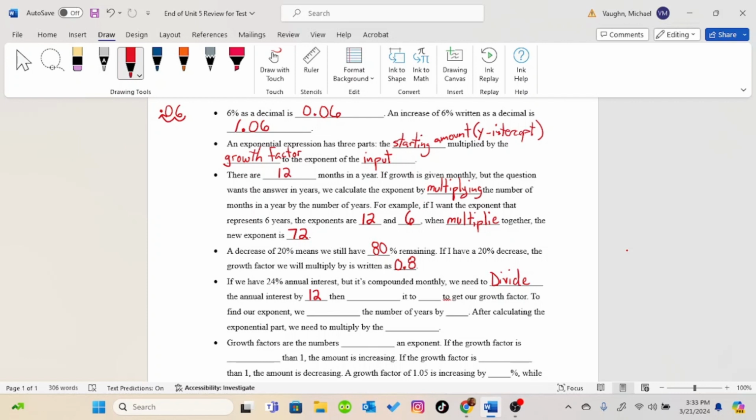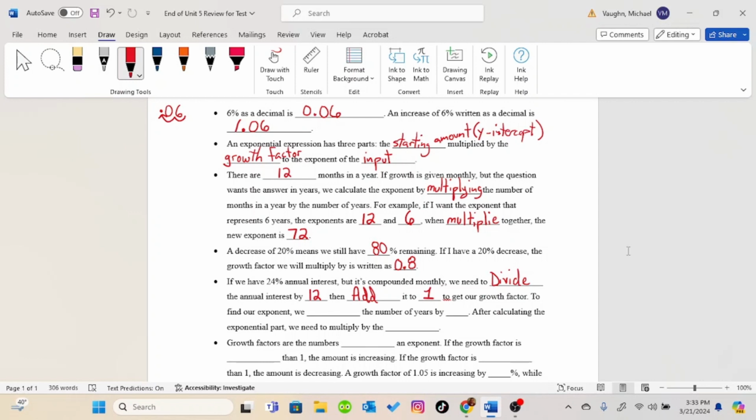So we're going to take the 24% interest that is annual interest. We're going to divide that 24 by 12 to get the monthly interest. Then we're going to add it to 1, because 1 will represent maintaining the current amount, and adding the 24% divided by 12 will add the additional monthly interest.